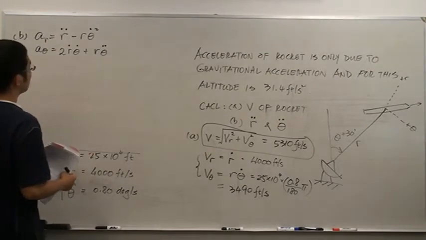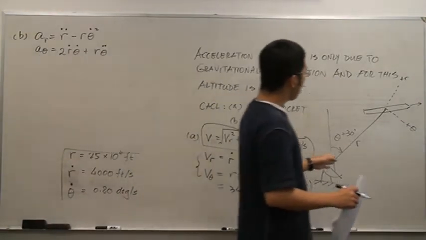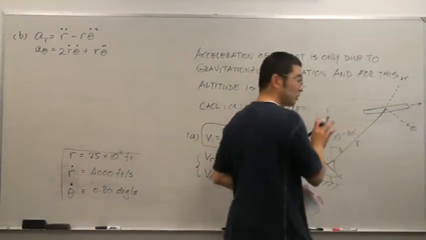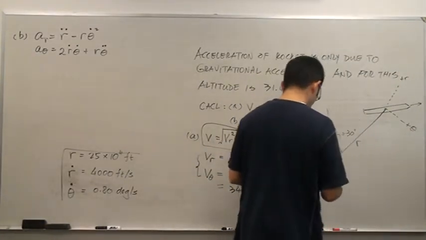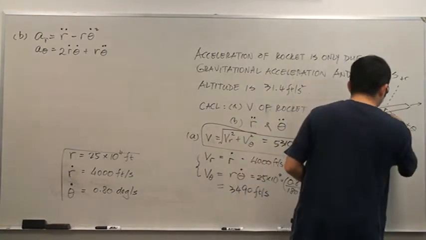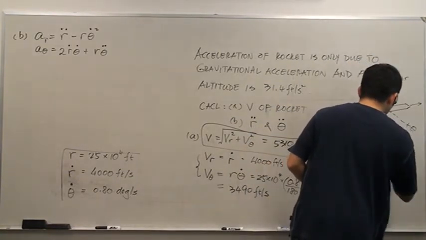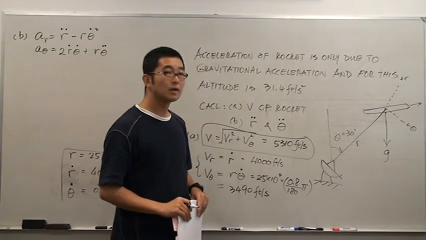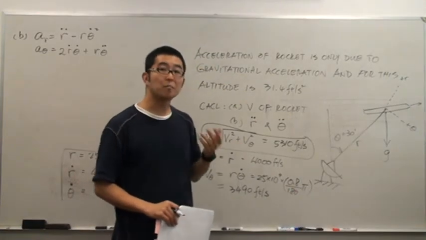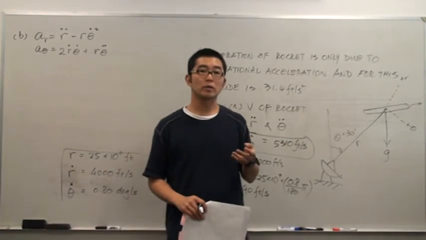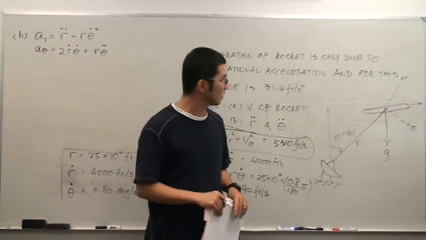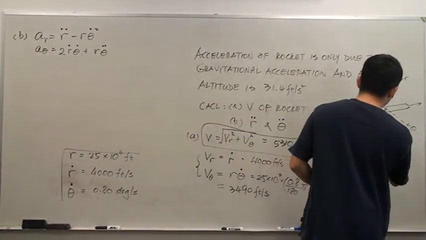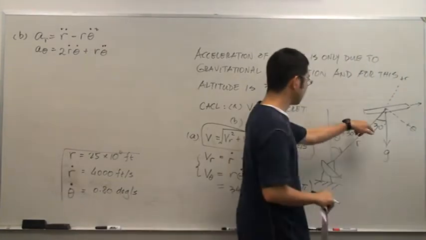So AR, so A in the R direction. I'm going to do something to this graph now. The only acceleration is this G. This is the only acceleration there is for this rocket because it's unpowered. So there's no thrust provided by the rocket propellant. Let me just do a bit of trigonometry. This is 30 degrees.